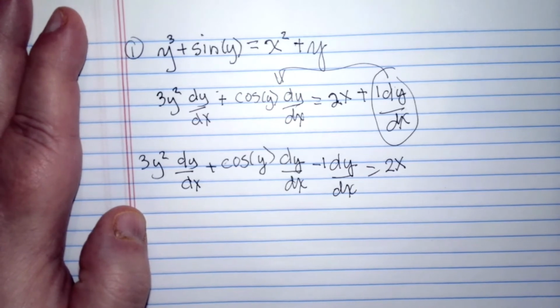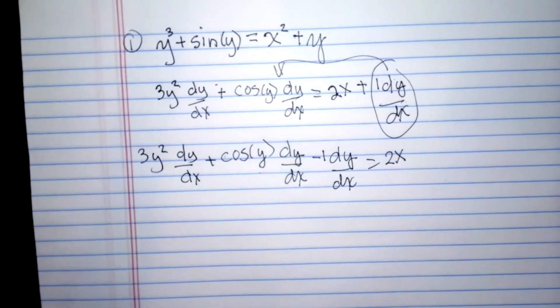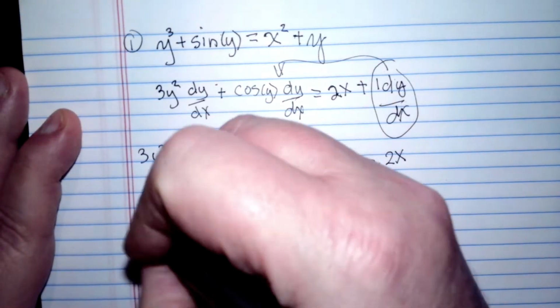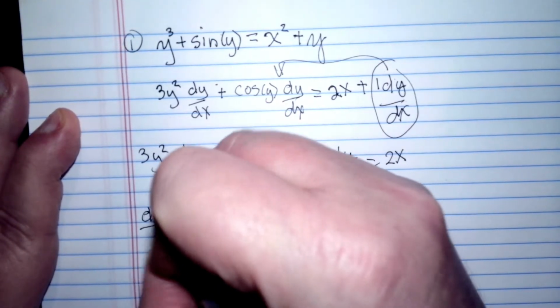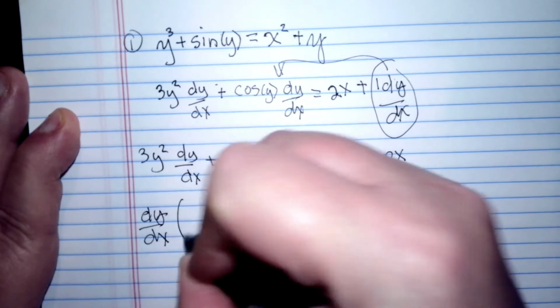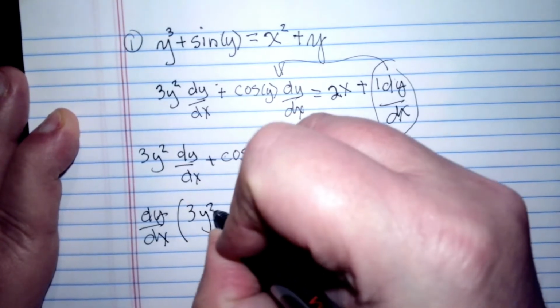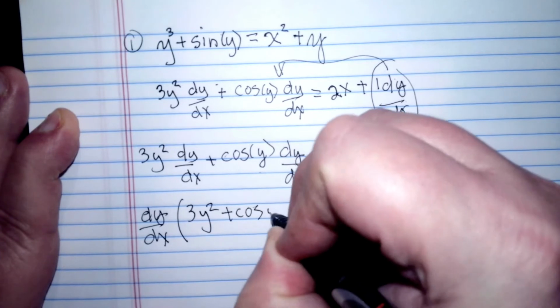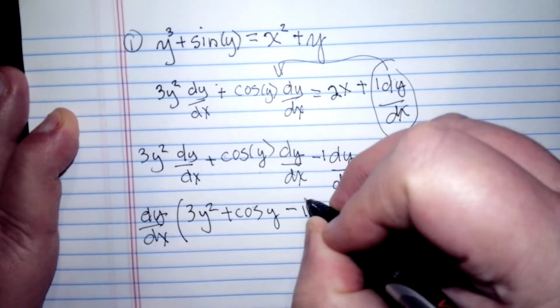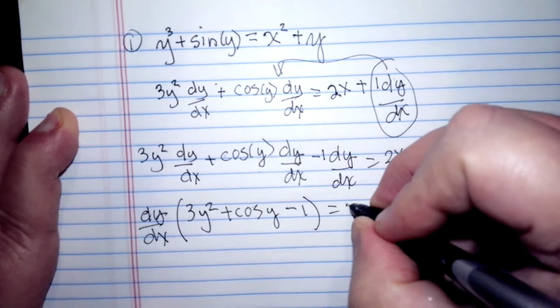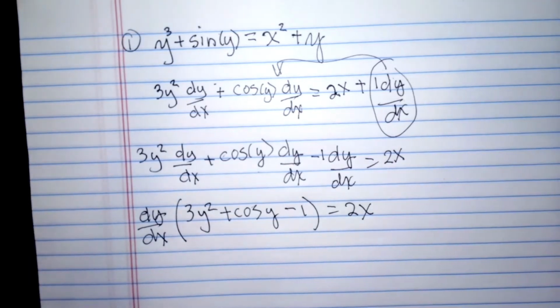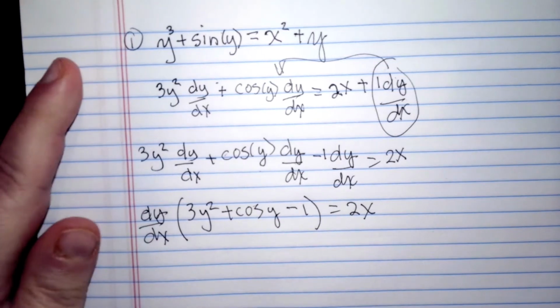And now we have about two more steps. We need to take out a common factor of dy dx from every term on the left. And we've got dy over dx times the quantity 3y squared plus cosine y minus 1 equals 2x.